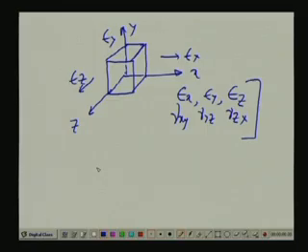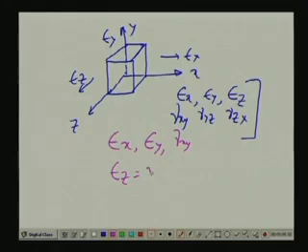axis system. Now, if we like to represent the strain on a plane which is the z plane having x and y axis, the strains that will be existing will be epsilon x, epsilon y and gamma xy, and the rest of the strains like epsilon z, gamma yz and gamma xz, they are 0.